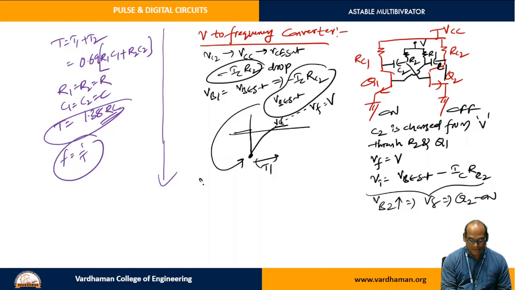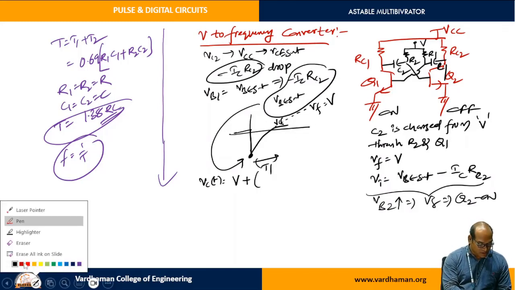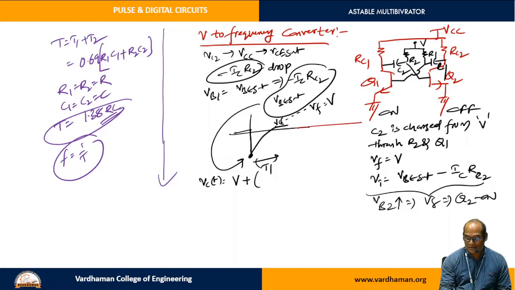So here I am writing the capacitor voltage is equal to V final, that is capital V, plus V initial, which is VB sat minus IC into RC2. From our previous knowledge, separately I will do here: VB sat minus IC RC2 can be written as VCC minus VCE sat.